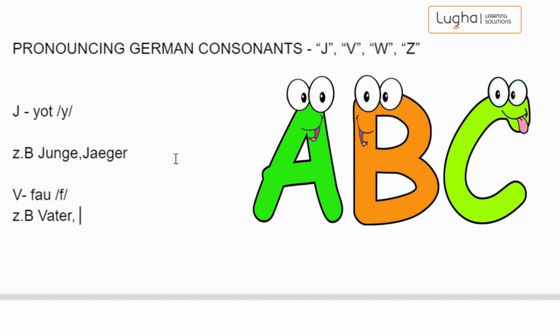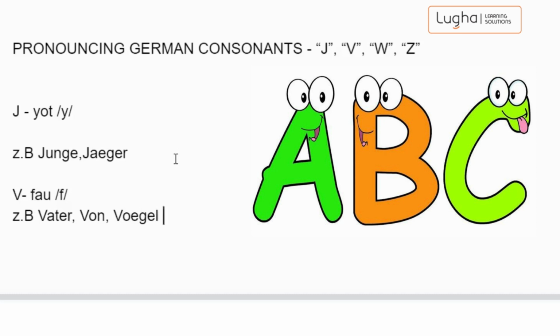Vater. Von, not "von" with a V sound but with an F sound, which is also a word in German that means from, okay? And then another example is Vögel, Vögel, which means birds, okay?